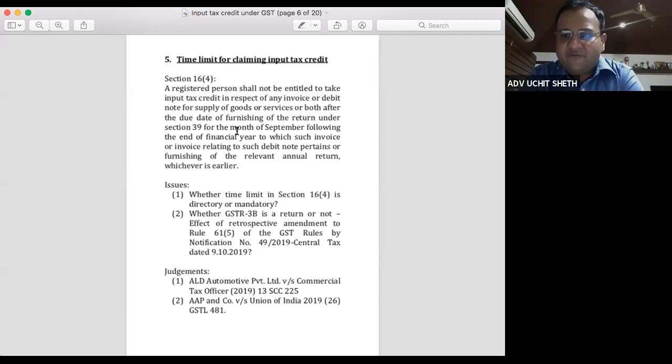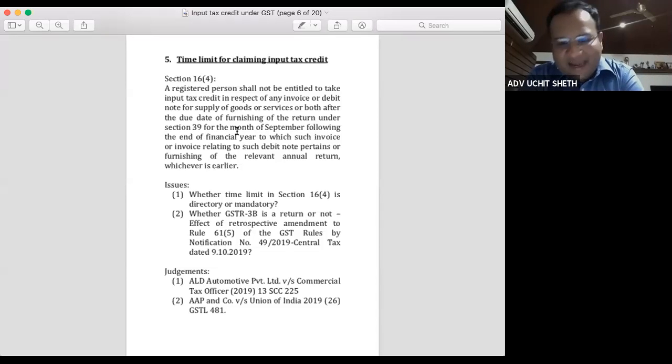This phrase "in lieu of" was specifically dropped after a month. So the High Court gave credence to this amendment and took a view that yes, 3B is not a return, it is not in lieu of GSTR 3, and therefore it cannot be said that you are bound to claim input tax credit up to the filing of 3B for the month of September of the subsequent year.